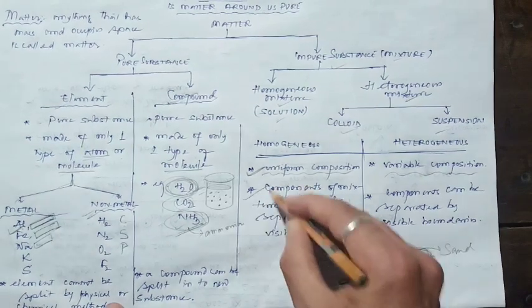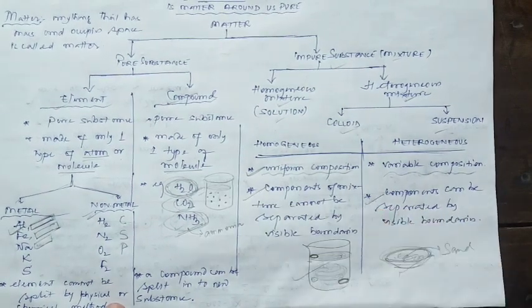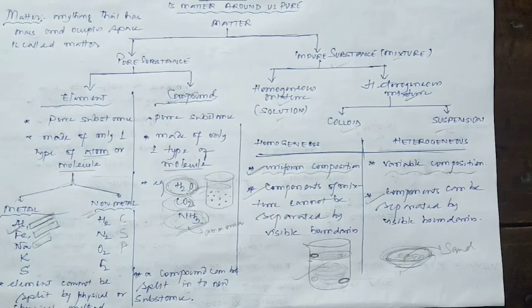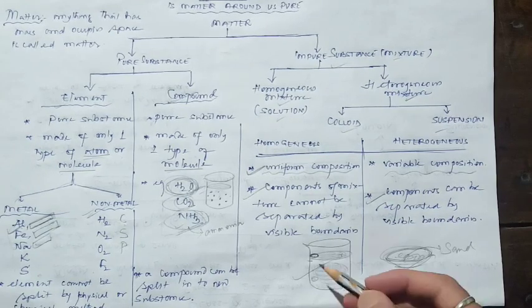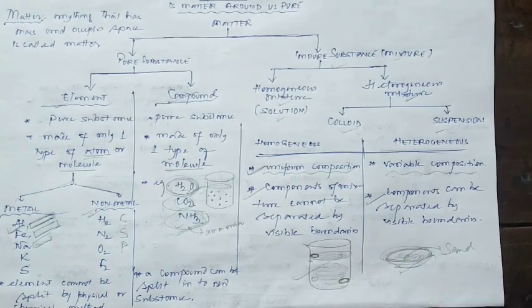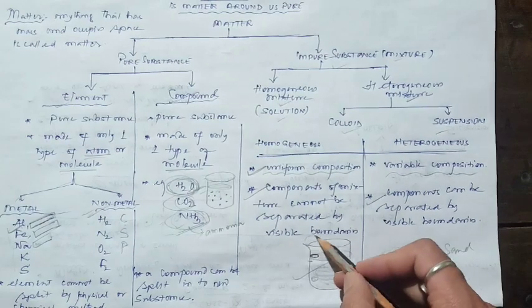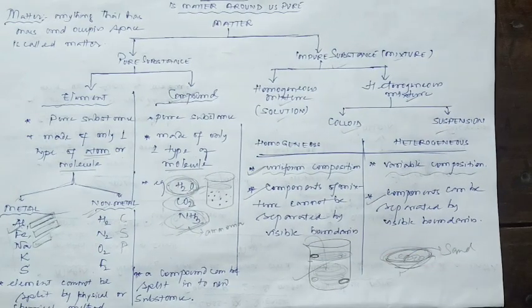Now, the second point that distinguishes homogeneous and heterogeneous mixtures is that the components of the mixture cannot be separated by visible boundaries. Now, what is the meaning of this? Students, when you take a pinch of sugar and dissolve it into this container containing water, the sugar is distributed throughout the water uniformly, equally.